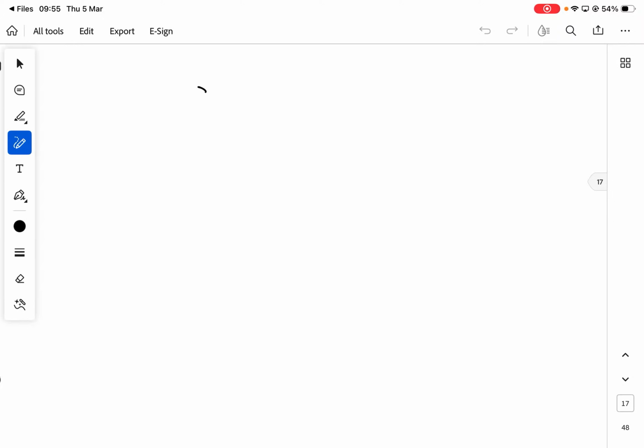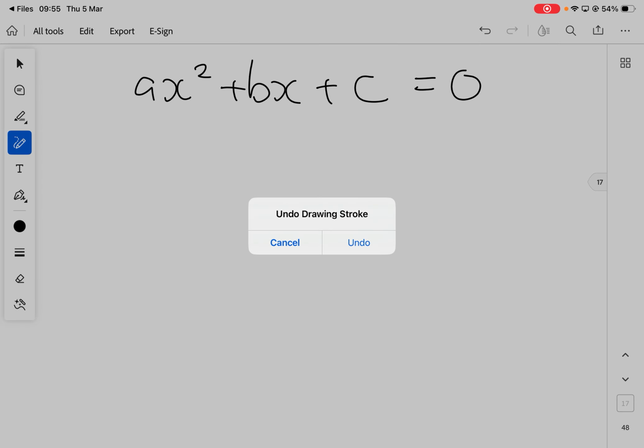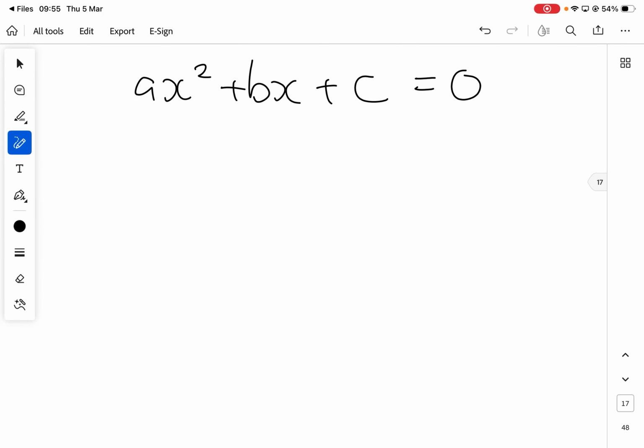Okay. If I have this quadratic equation, ax squared plus bx plus c equals 0. So far I have only learned completing the square. Am I able to use completing the square to solve this?